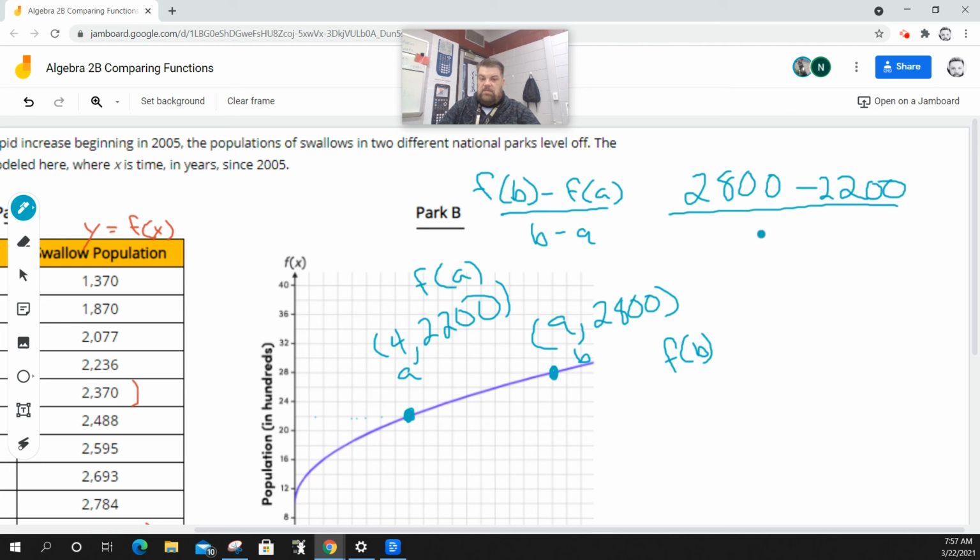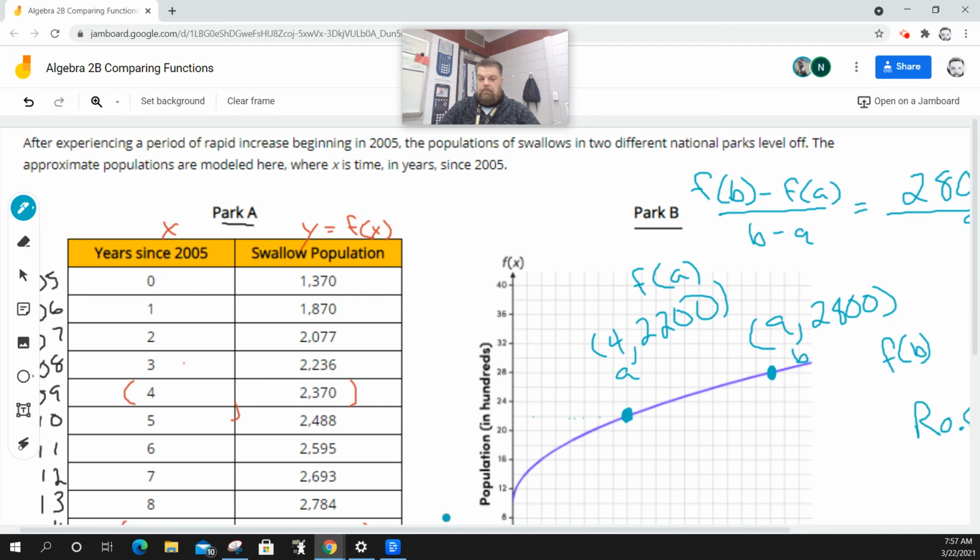So then b is 9 minus 4. So that's going to be 700. No, 600. Nope. What kind of math teacher am I? 600 divided by 5, which reduces down to 120. So the rate of change is 120 for Park B.